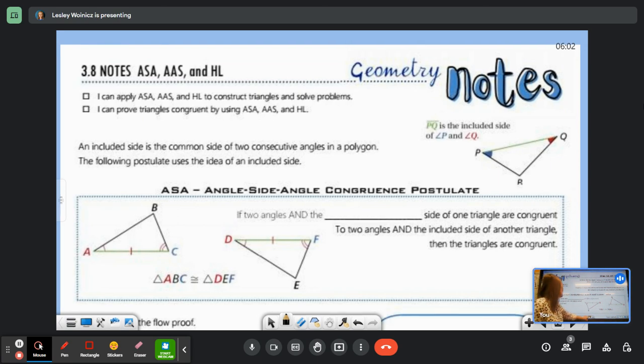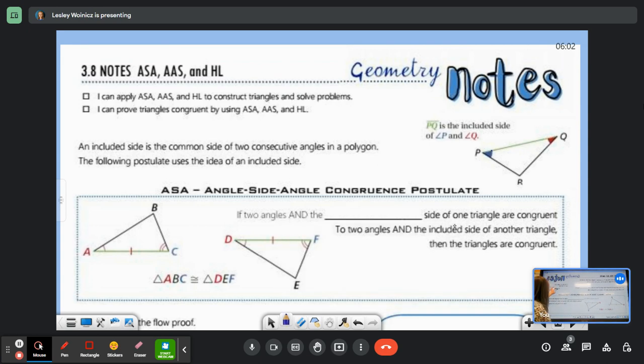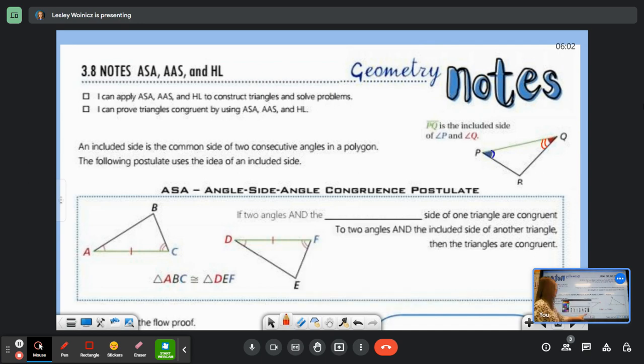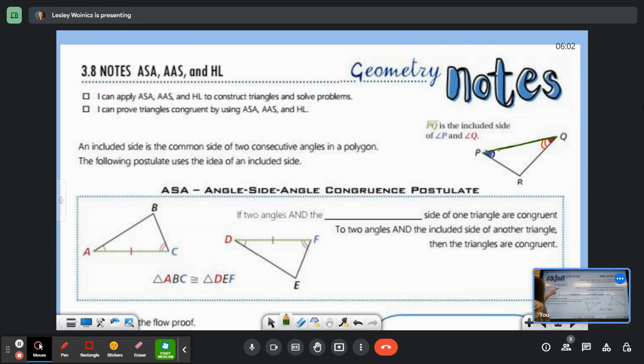Okay, so here we have our little angle P. Okay, and then we have our little angle Q. And their included side is just this side PQ that is in between those angles.